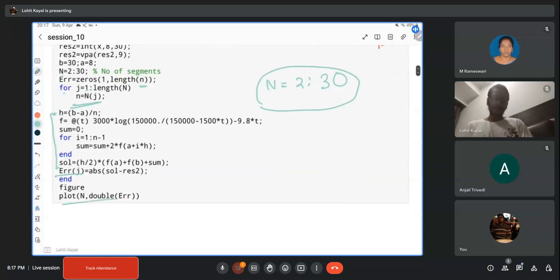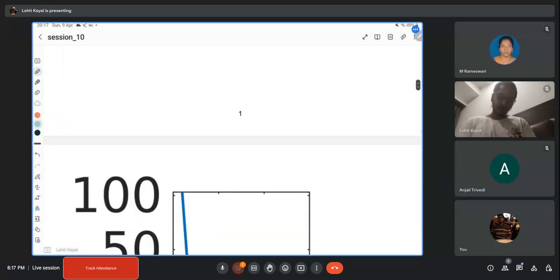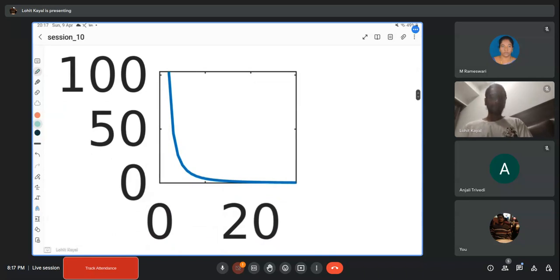Then after that I have plotted the result, and this is the solution. Starting at n equal to 2, you can see that the error is 100.